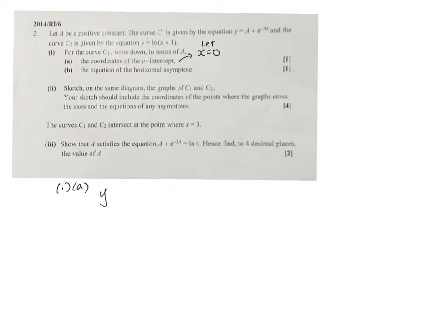Then y is equal to a plus e to the power of 0, which is just a plus 1. Remember you must write out the coordinates: x equals 0 and y equals a plus 1. If you just stop at the y value, you don't get full marks, because the question asks for coordinates, so the answer has to be in coordinate form.